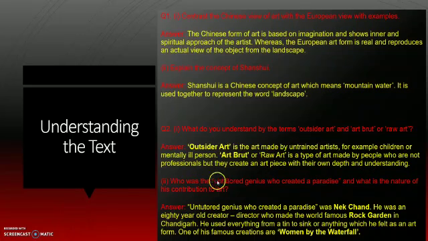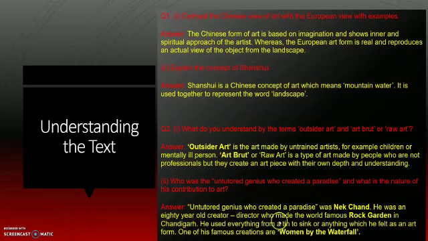The second part says, who was the untutored genius who created a paradise and what is the nature of his contribution to art? Now in the story we have seen that the untutored genius who created a paradise was Nek Chand. He was an 80-year-old creator, director who made the world famous rock garden in Chandigarh.